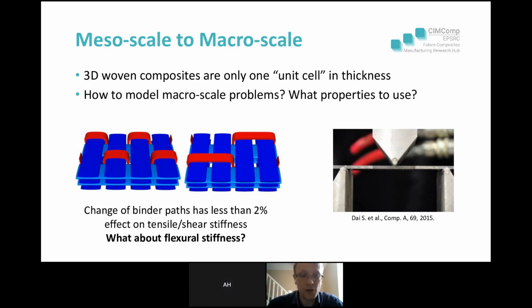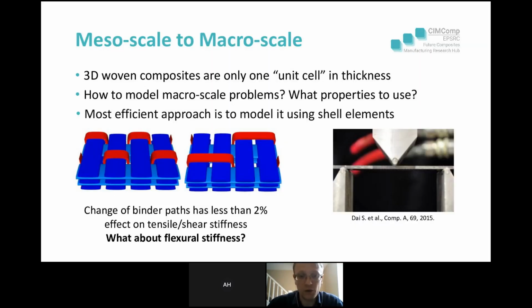If we extract only tensile stiffness, then we will see that the binder path has very little influence on the tensile stiffness or shear stiffness for that matter. But what about flexural stiffness? Flexural stiffness becomes important when we think about how to model the composite at the macro-scale.